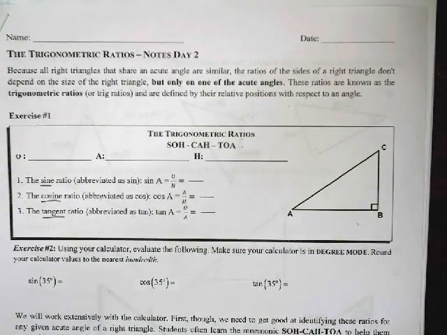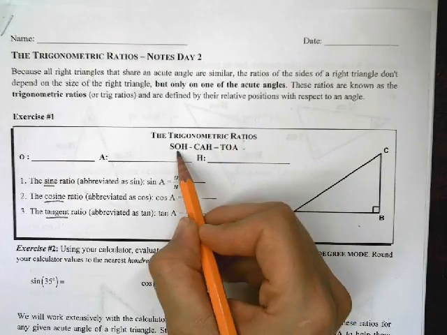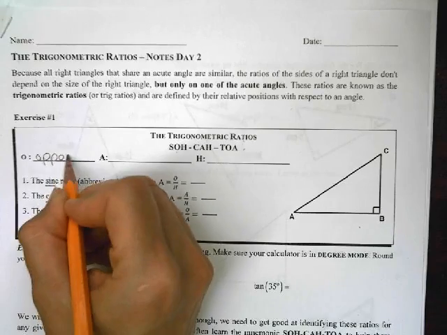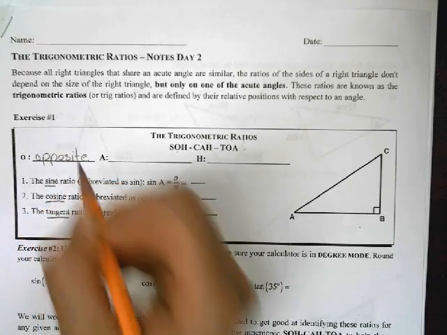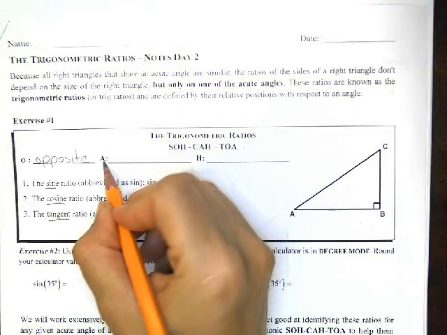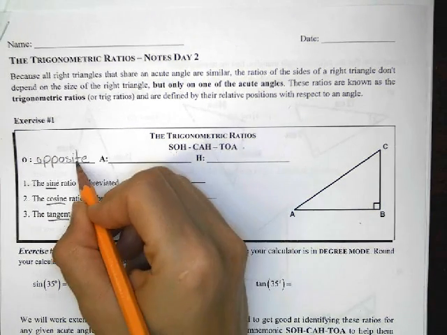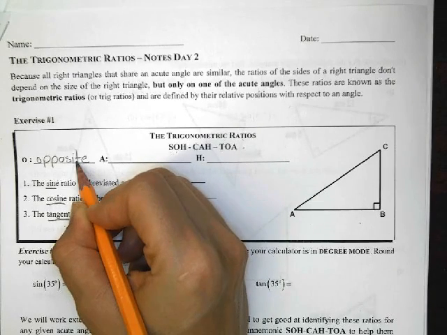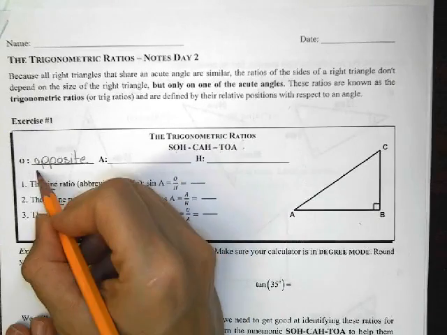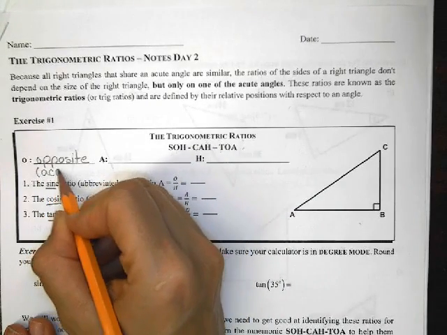All right, the O in SOH CAH TOA stands for the word opposite. The A stands for, does everybody know what opposite means, by the way? Like as far as directional? Like who is opposite of me right now? Yeah, like you guys, you're across from me. So when I say opposite, I mean across from.